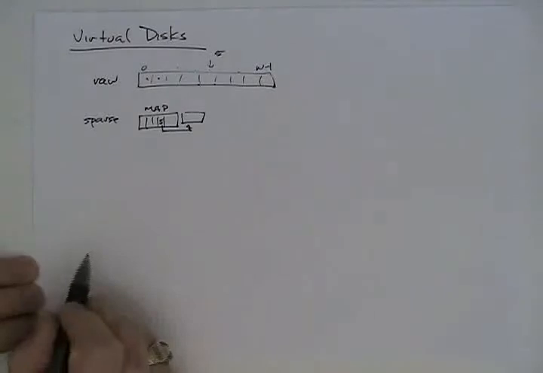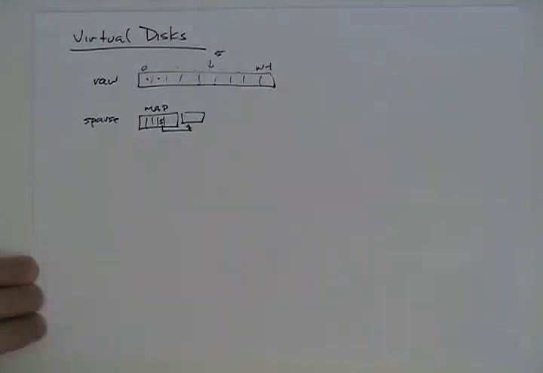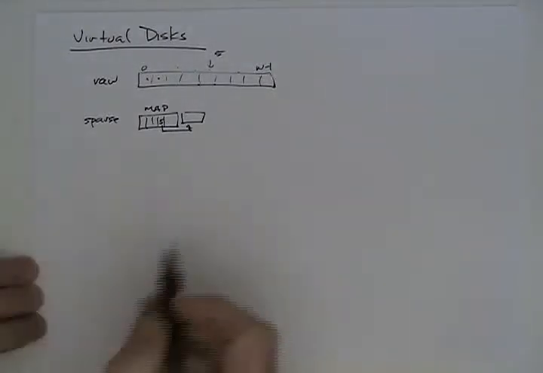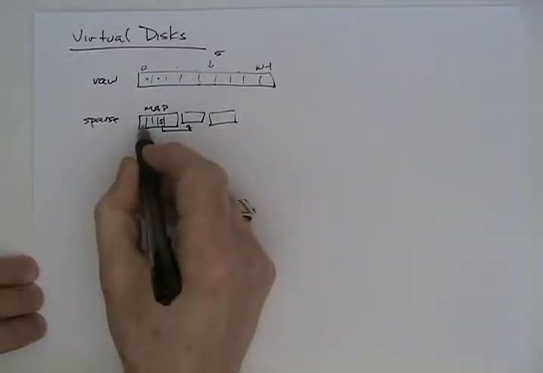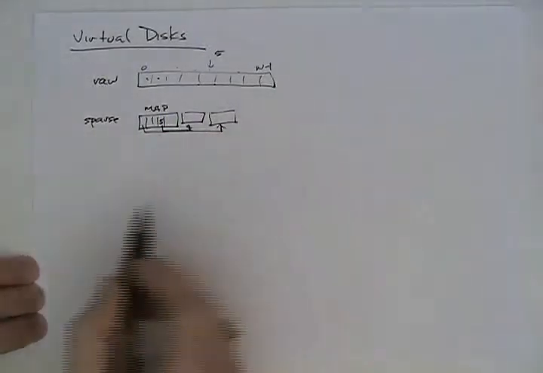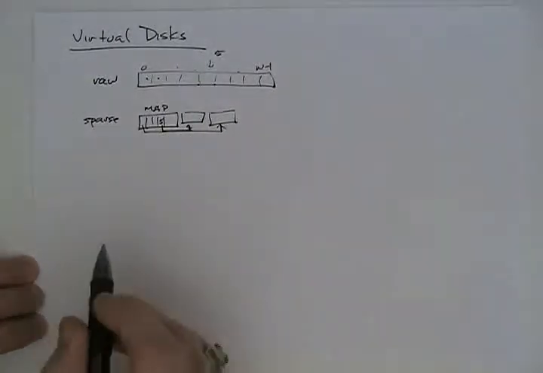We essentially do something like virtual memory, where we have a map indicating where each chunk of disk can be found in the image.